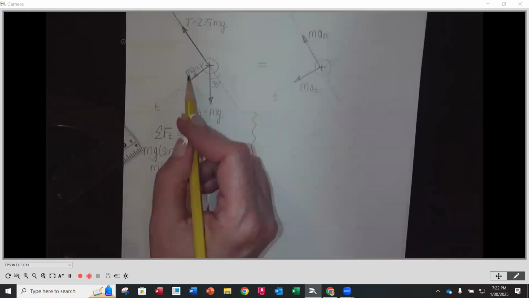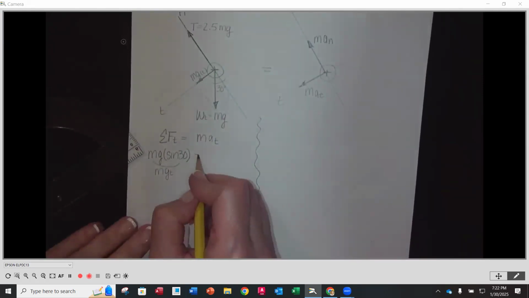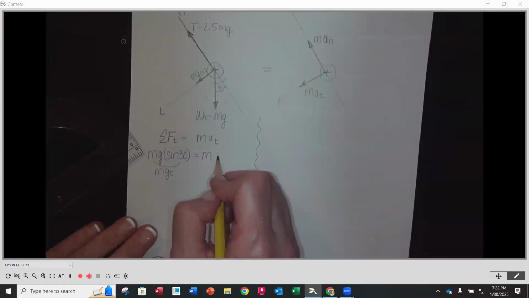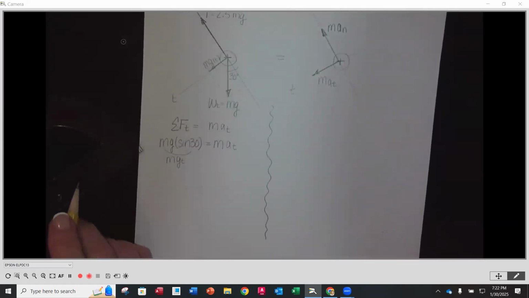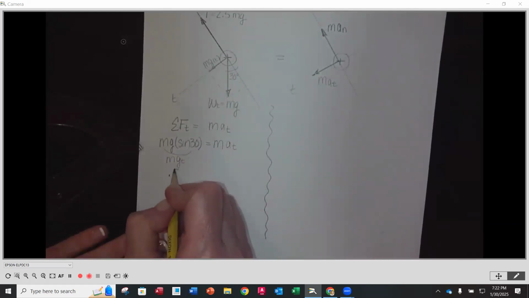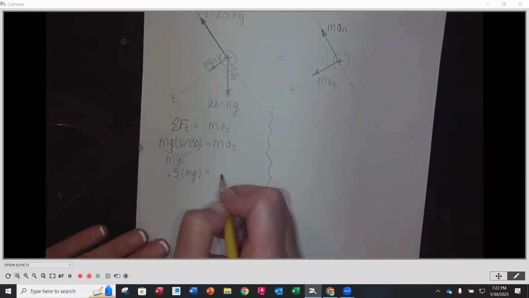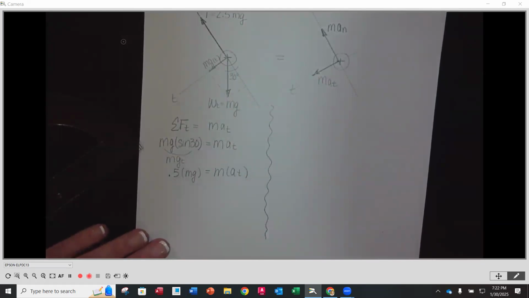That's the only force on this side, and we're going to set that equal to the mass times the tangential acceleration. Now, I'm going to find the decimal equivalent of sine 30, and that's 0.5 times m times g is equal to m times the tangential component.